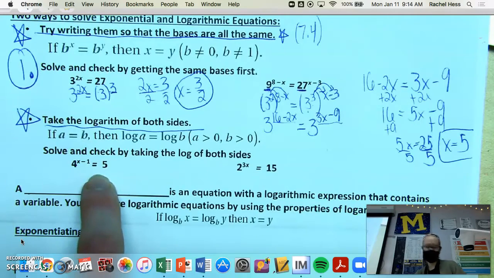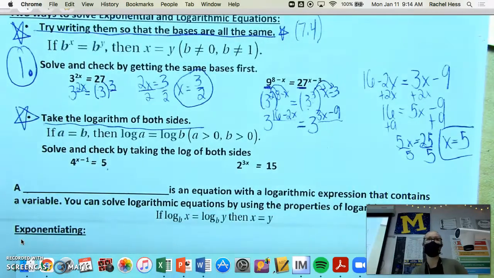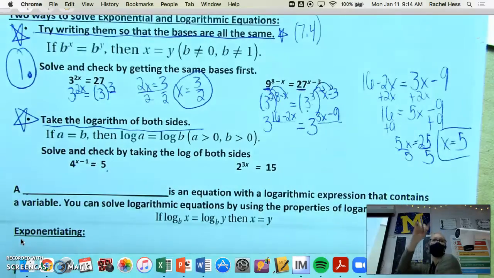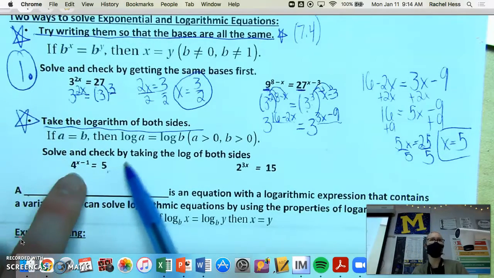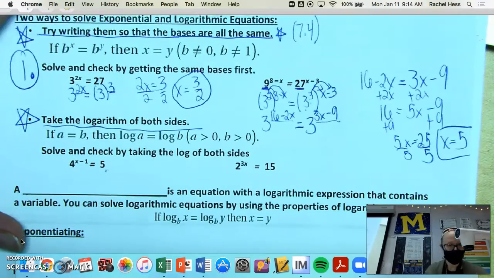Does that make sense? So like here, I can't make 4 and 5 the same thing. So I'm going to have to use a different method. Does that make sense? Oh, so you change the base to 9 and 27. Yeah, so 3 goes into both of those, right? But like here, 2 won't go into 4 and 5. So I can't do change of base, so I'm going to have to do the logarithmic way.